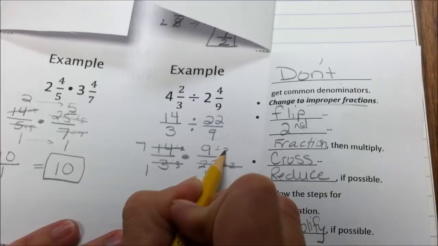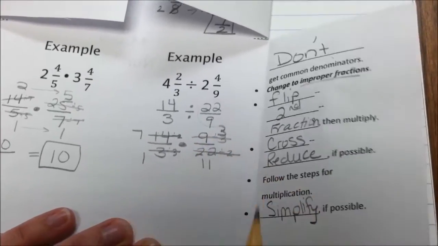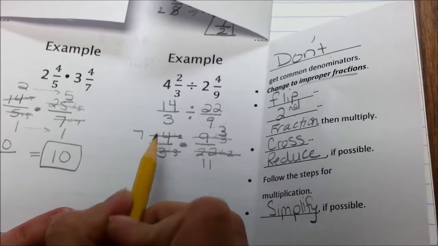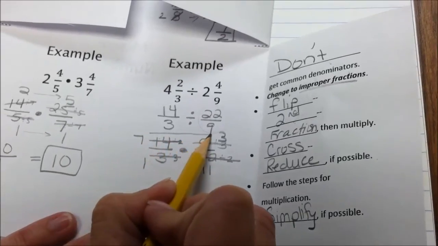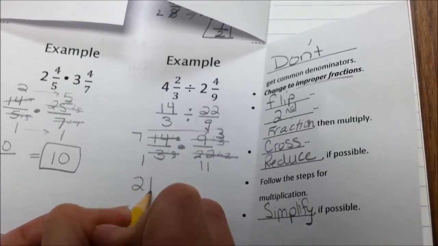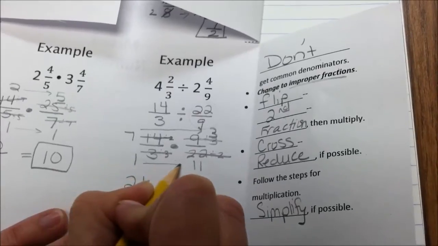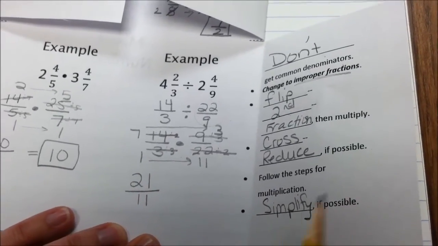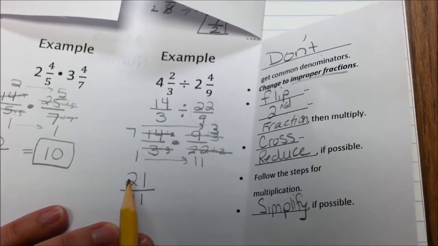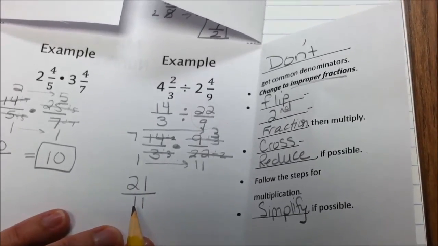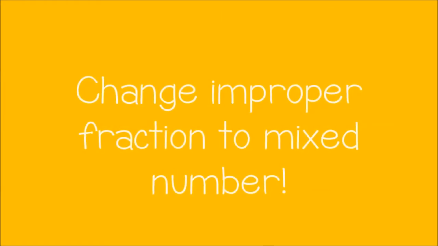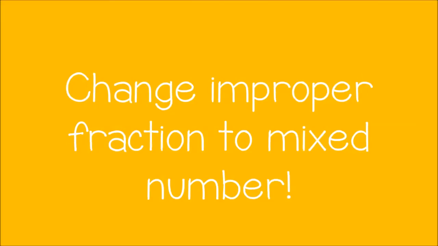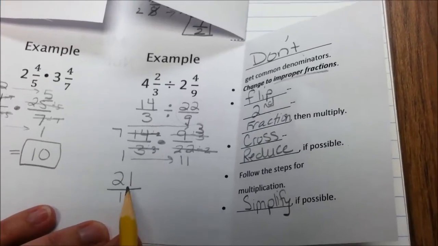Divide out a 3, and I get 3. Now we are going to multiply our numerators. 7 times 3 is 21. 1 times 11 is 11. So when we look at our answer now, it's 21/11, which is actually an improper fraction. We cannot leave it as an improper fraction.